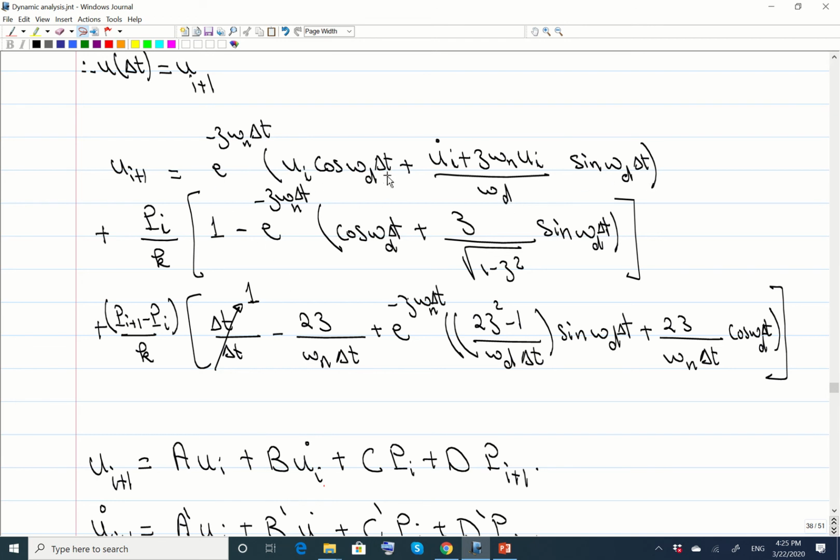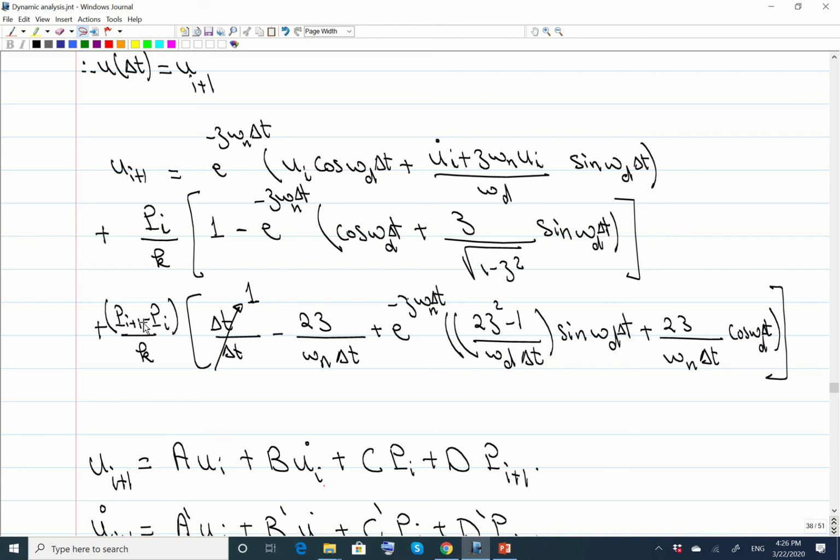I'm just summing all the factors that are multiplied by u_i, okay? That's going to be A over here. And then B is going to be the summation of all of the factors that are multiplied by u_i dot. I have u_i dot over here, so that's a factor that's going to be B. And then there is some factor multiplied by p_i. Here it's p_i multiplied by all of this, so this is the factor multiplied by p_i.